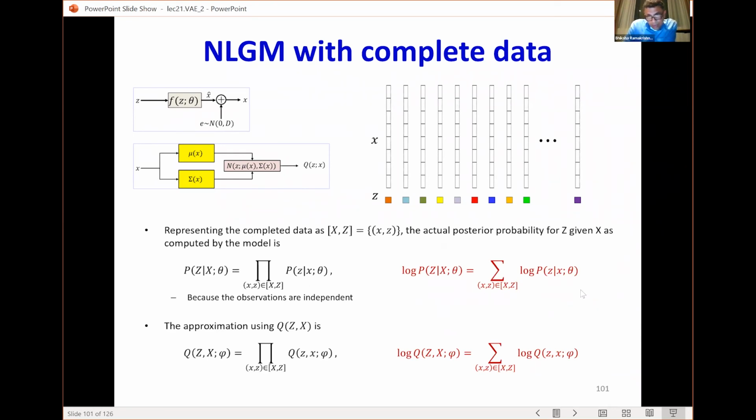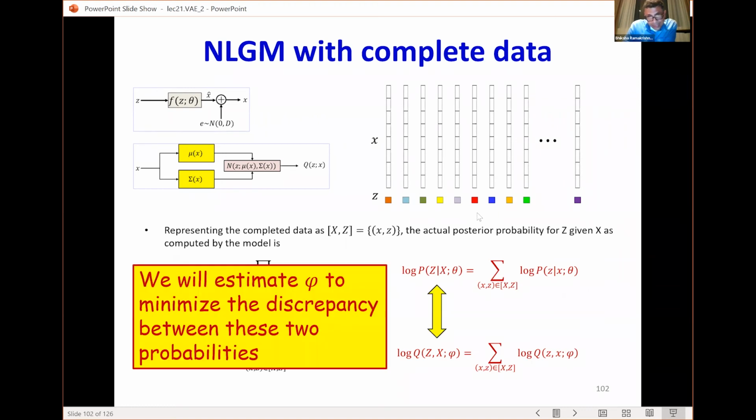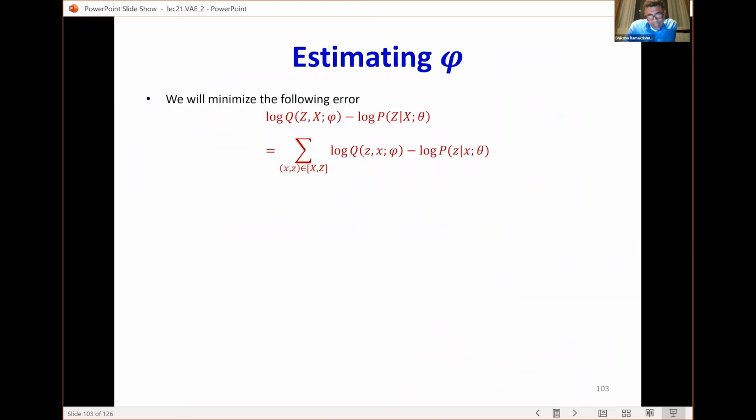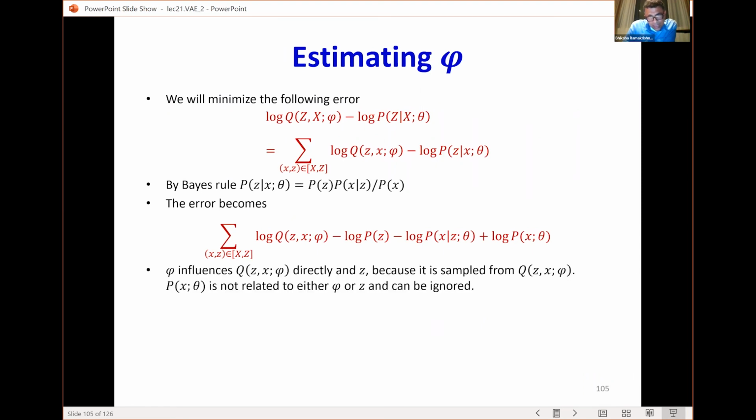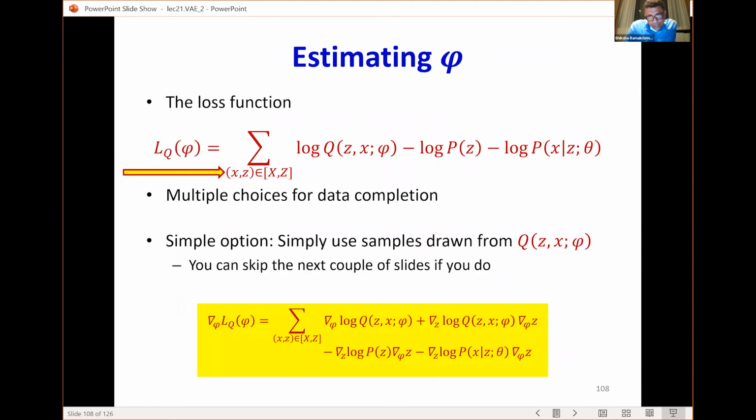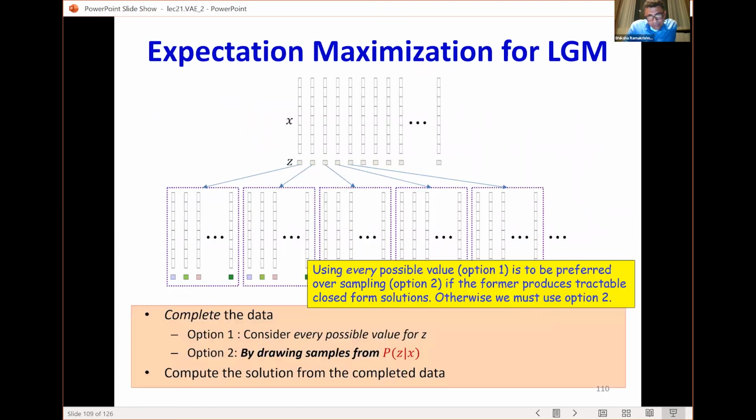Another way of thinking about it is I want to minimize the difference between the log of P of z given x and log of Q over all of the training instances. We're going to minimize this discrepancy. And if you work through this, basically what you end up with is two terms.